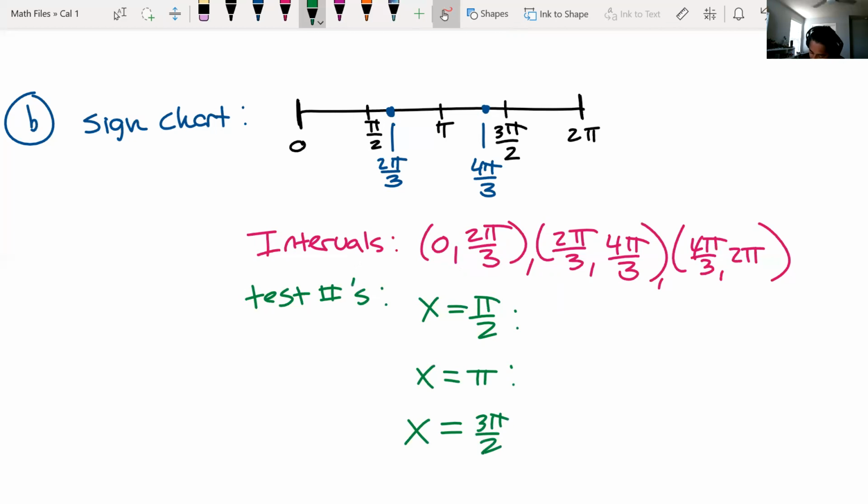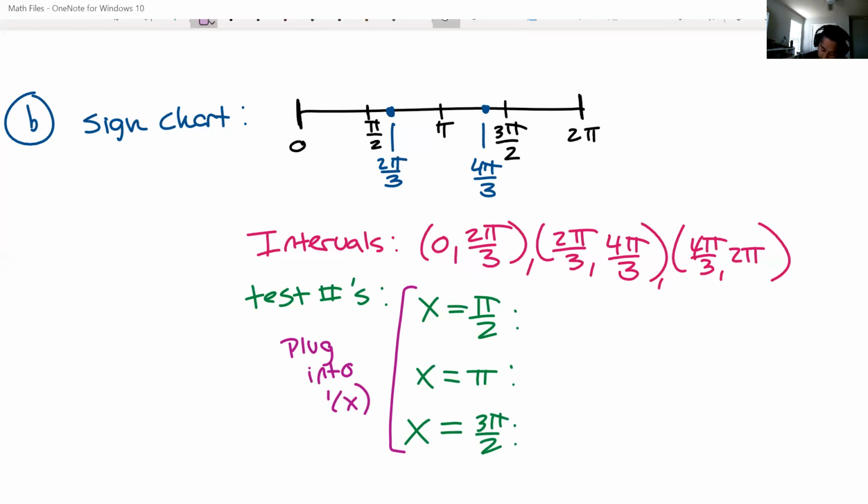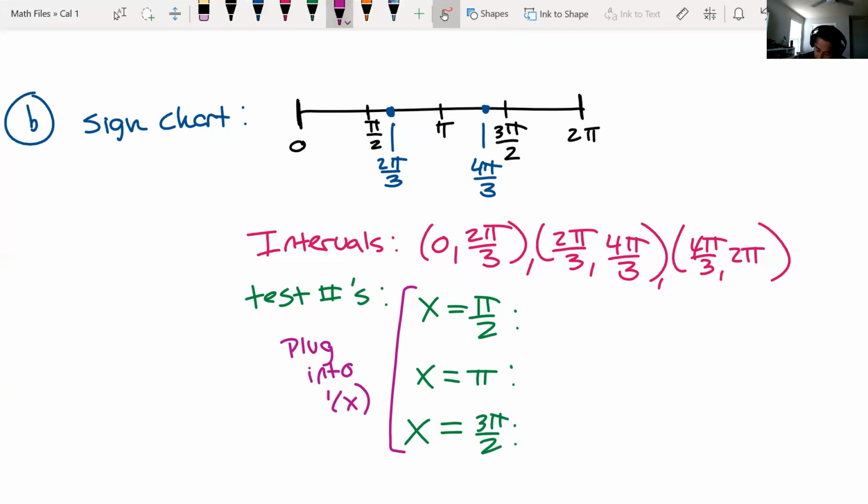There you go. Once again, this is a sign chart for the first derivative. So plug into your first derivative. This one's G though, right? Okay. So g prime of pi over 2, g prime of pi, g prime of 3 pi over 2.